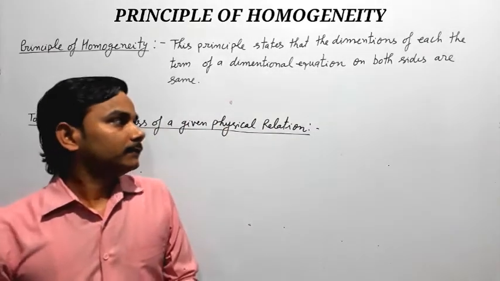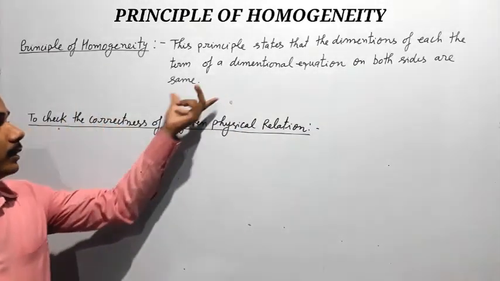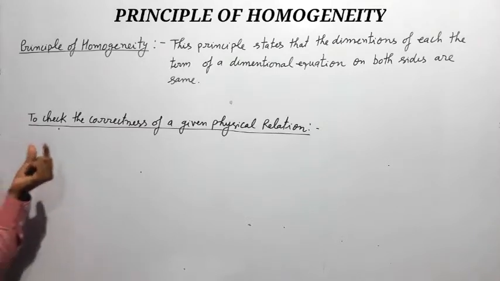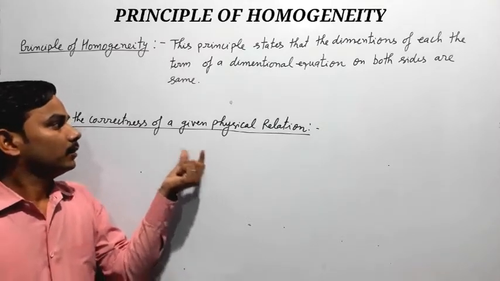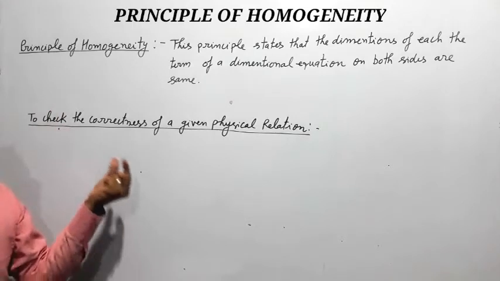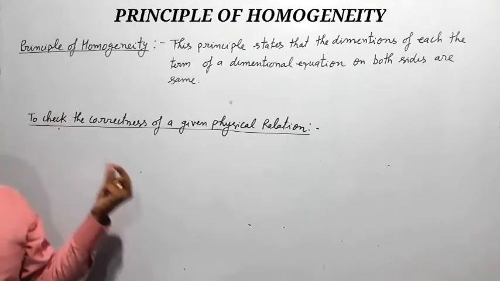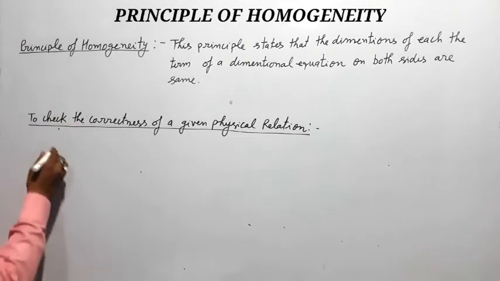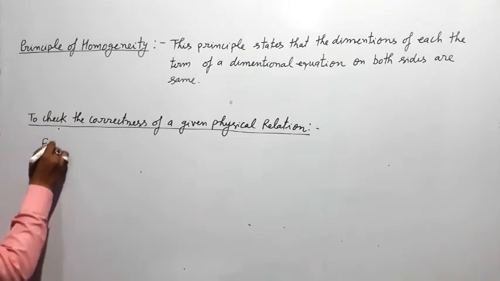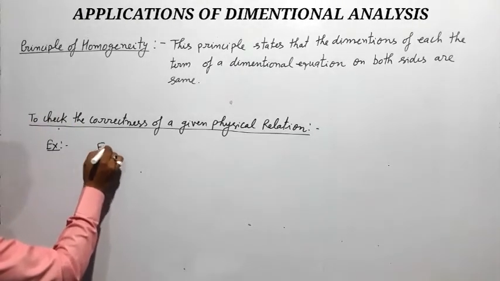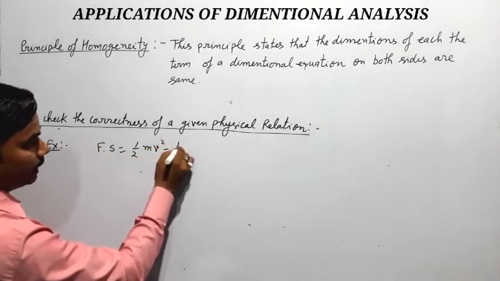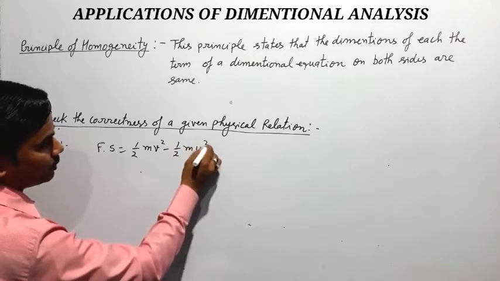The application of dimensional analysis, that is to check the correctness of a given equation or given physical relation, is totally based on the principle of homogeneity. So we take an example for this application: F into S equals half mv square minus half mu square.